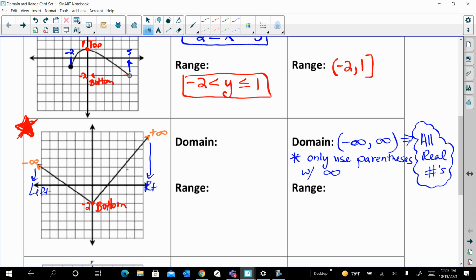The highest point, well, since this is infinity, it's going to keep going up, up, up, up. It never stops. So the highest is infinity. So my range, because this is a solid line right here, would be bracket -2, comma, infinity, parentheses.